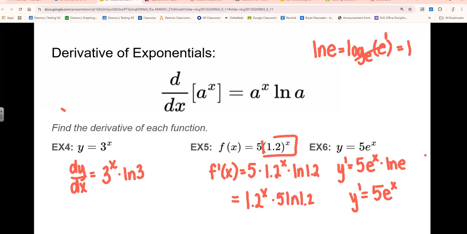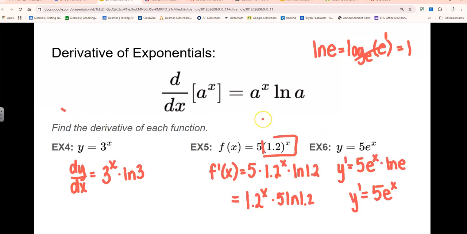So I wanted to show you there that the rule for all bases still works for e's. It's just that natural log of e is always going to be 1, so you don't really have to put that there on the end. So we could have just said this is 5e to the x right here for that. But I was wanting to lead into why for that.